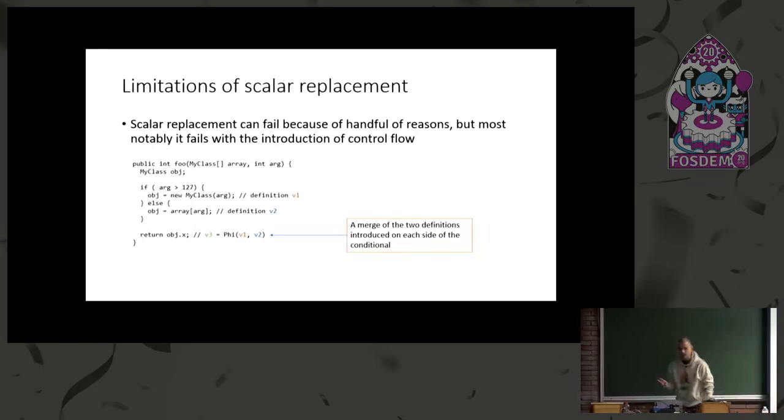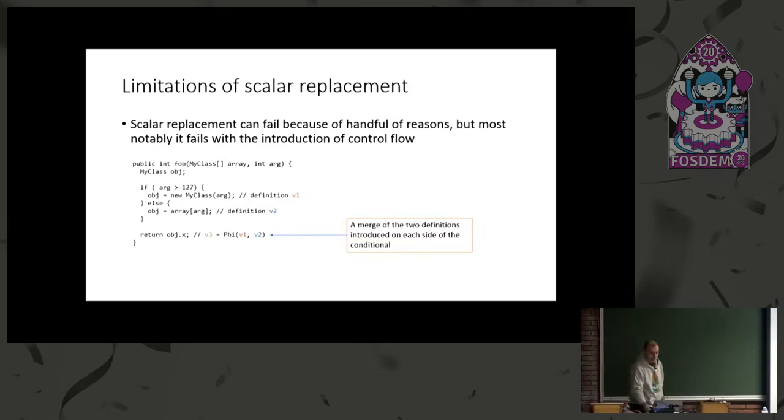We have two definitions on two sides of the control flow. One is the object being instantiated, this new MyClass object here. On the other side, we're pulling it out of an array. Now coming down to the last return object.x, which one do we have in our hands? Therefore, we need the original shape of the object. We need to do a field load of that object. Because on one side it may be scalar replaced, but the other side will need a full object coming from that array.